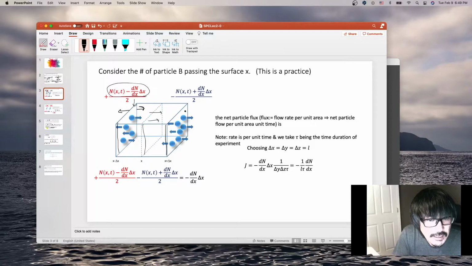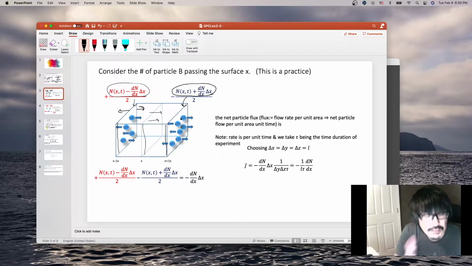The number of particles on this surface is the starting number of particles plus the slope of that number function multiplied by the displacement delta x. Notice that in this case it's going to be positive, right? And these are the number of particles on that surface.